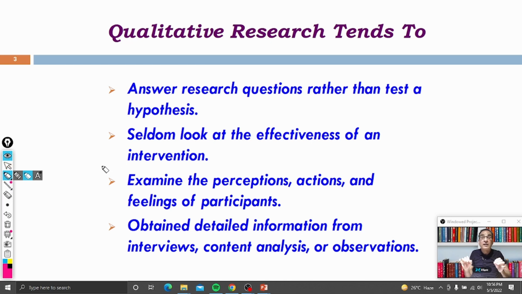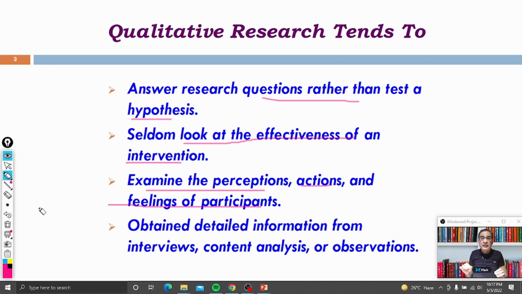Qualitative research tends to answer research questions rather than test the hypothesis. So mostly in qualitative research, we design the research question. We seldom look at the effectiveness of the interview. In qualitative research, we examine the perception, action, and feeling of participants.